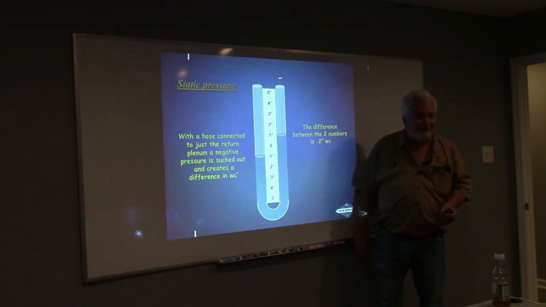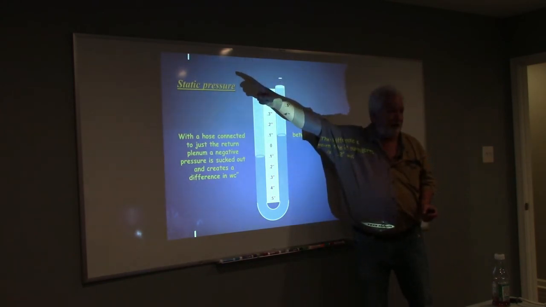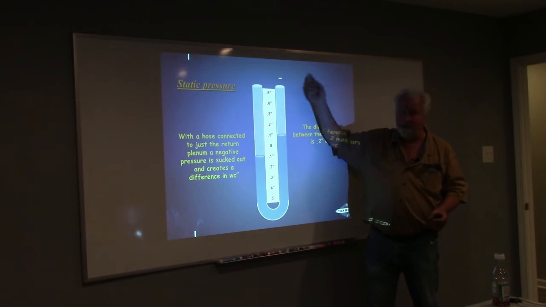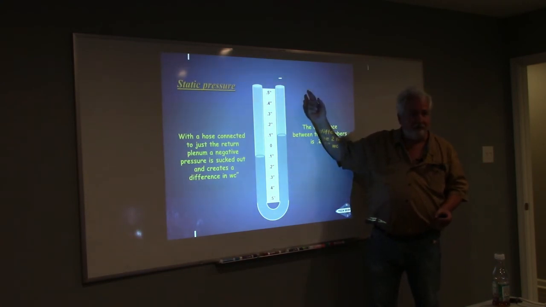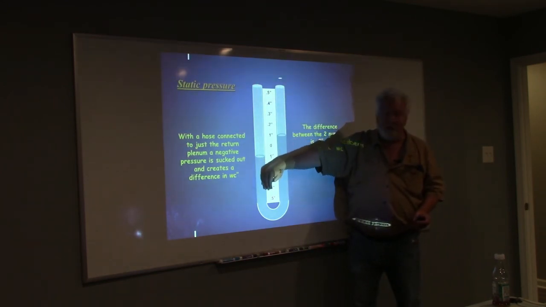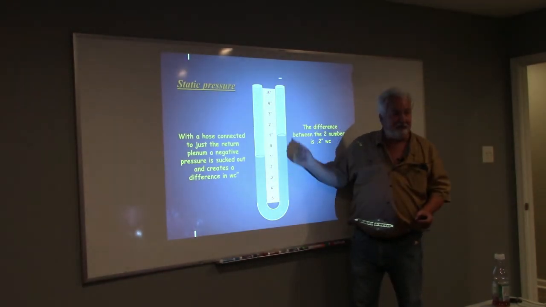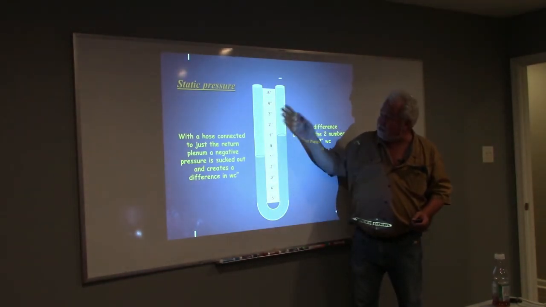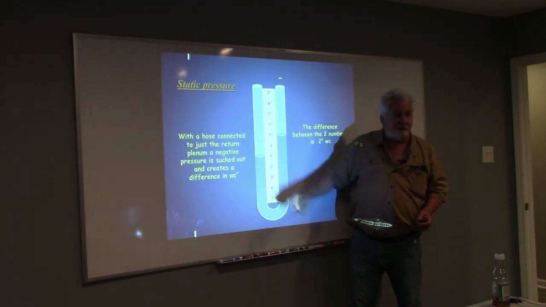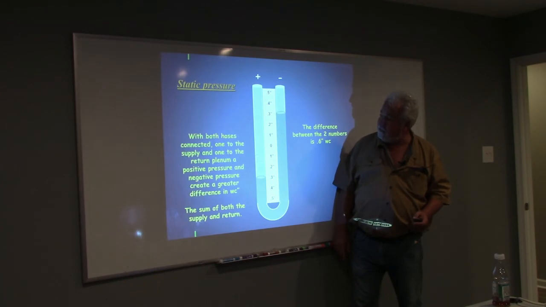Now what if I stuck a hose from this one into the supply and this one into that return? Will it equal out? Will that supply air still be pushing down on here? Oh, yeah. Will the return be sucking up on this side? Yeah. Well, if this one's pushing down and this one's sucking up, I think if this is 0.2 and the other one was 0.4, I'm probably going to see 0.6, because this one's sucking up, yes?